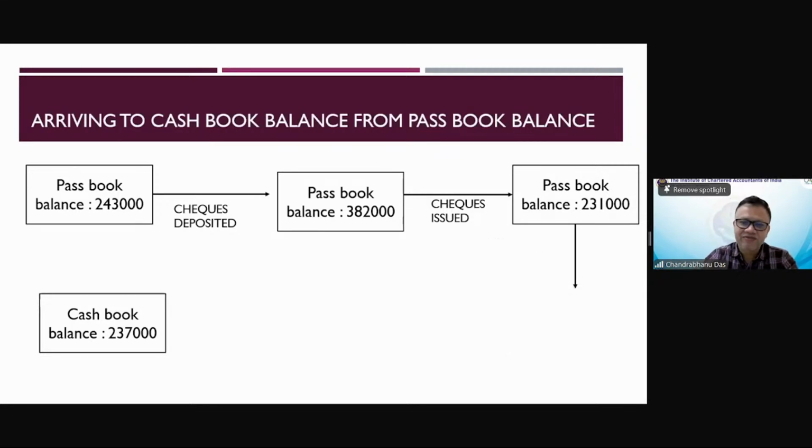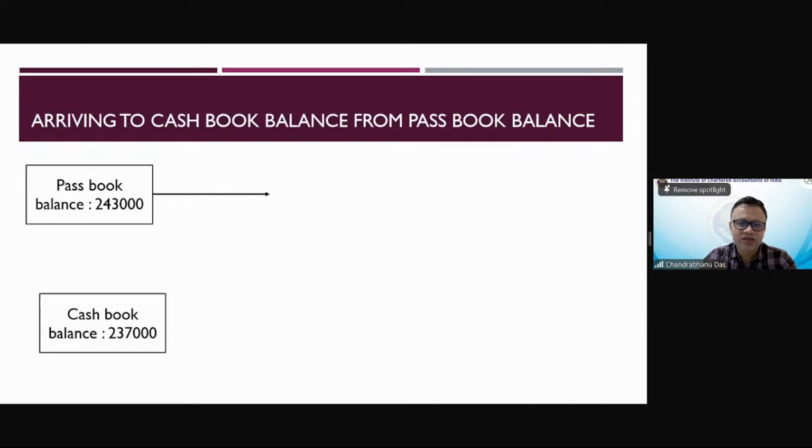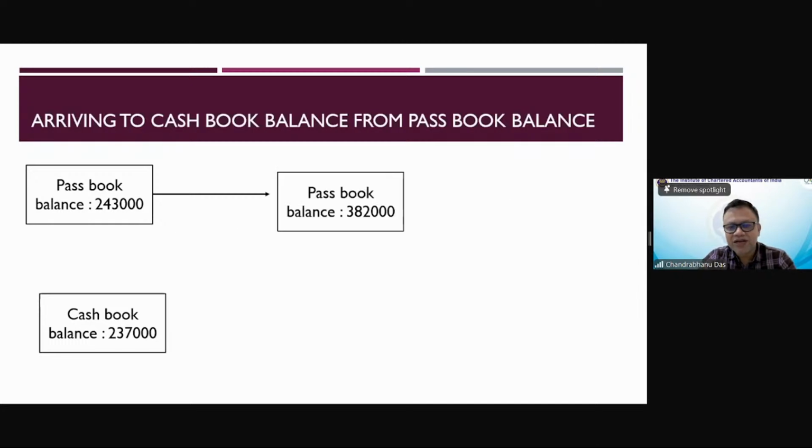As you can see, whenever you are arriving from the passbook balance of 2,43,000, it became 3,82,000 because you added the checks deposited, because you said that the passbook should behave like the cash book, it should take the checks deposited, because you're reconciling the passbook to arrive at the cash book. So the passbook should behave like the cash book.